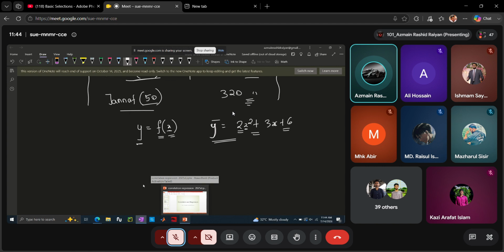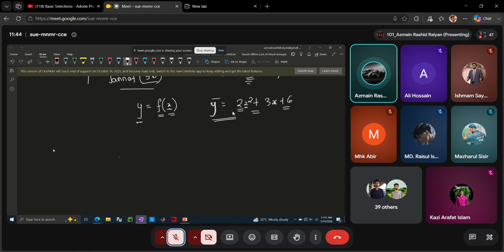Now, what is correlation? Correlation is an expression of accuracy. What does it mean, the expression of accuracy?